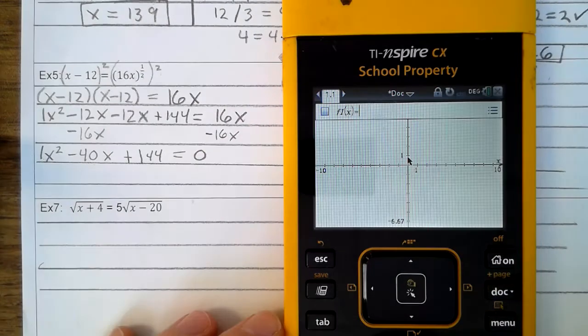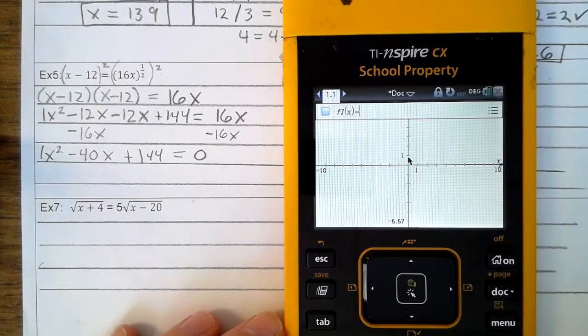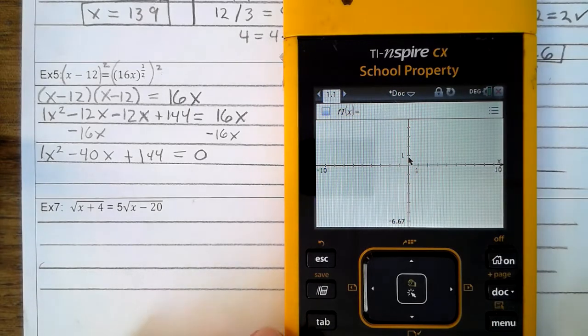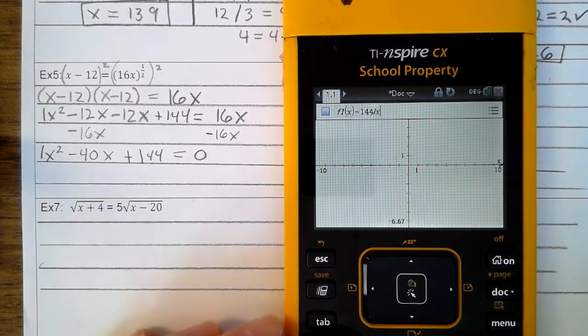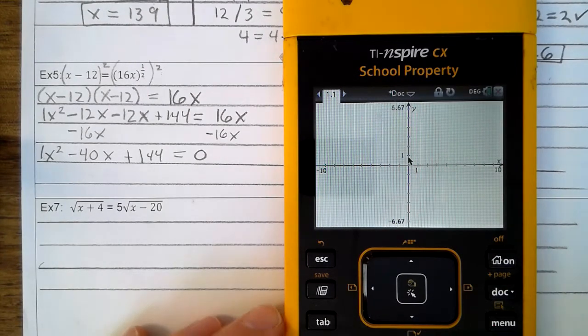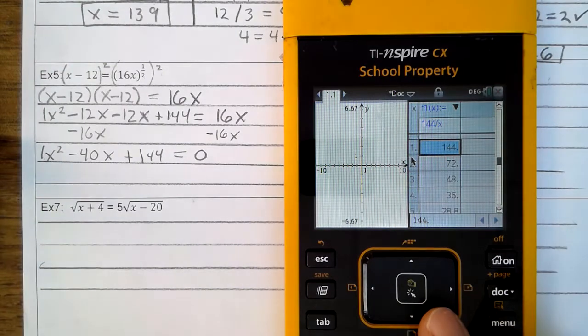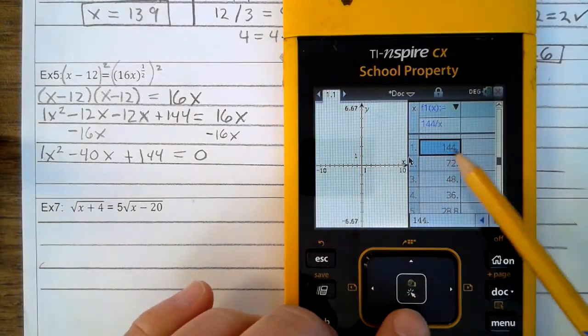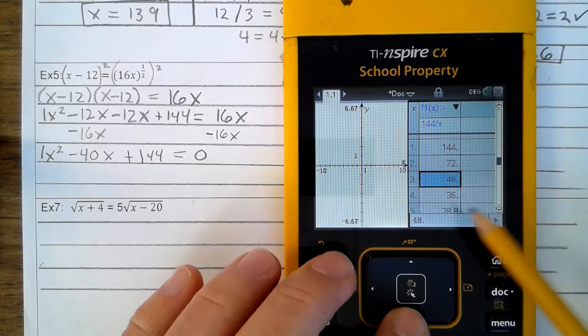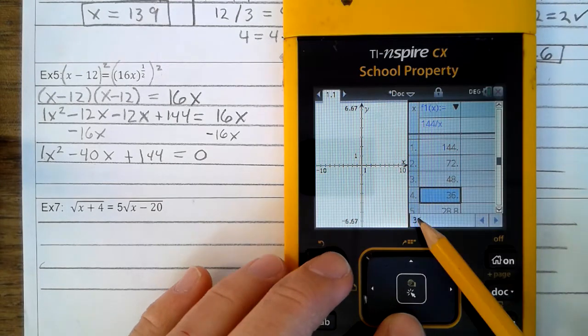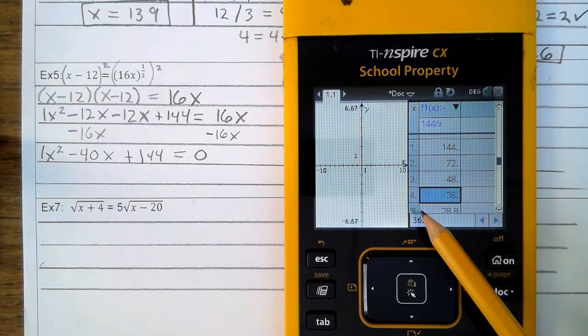All right, 144 divided by x. Enter, Control T. This will give us all the combinations of 144. Okay, that's not going to combine to be 40. That's not going to combine to be 40. Neither will that. Aha. 4 and 36 will multiply to give you 144 and combine to be -40.